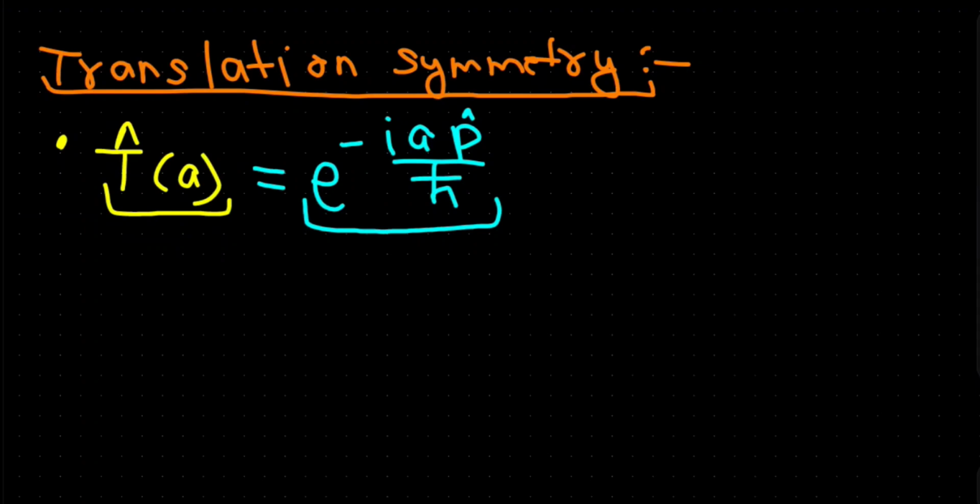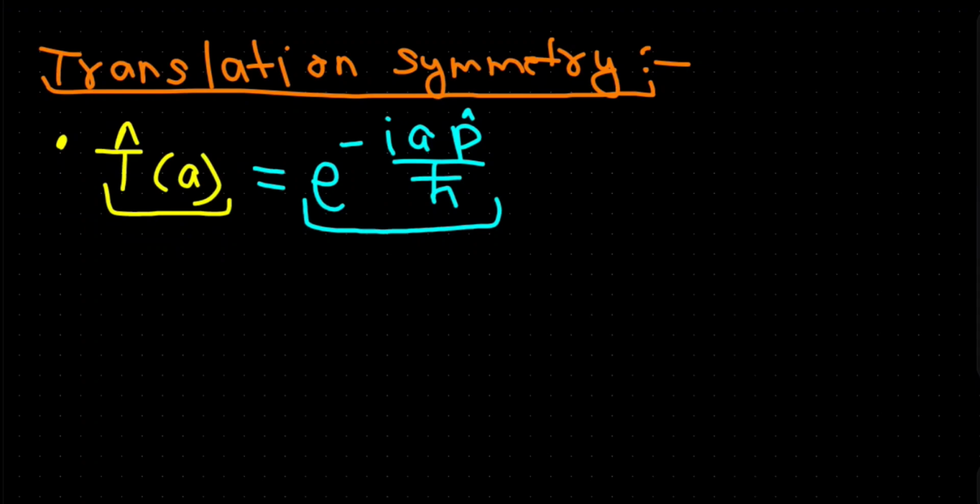Now let's discuss what translation symmetry is. This is very important, so you have to see and listen very carefully. The meaning of translation symmetry is that the Hamiltonian remains unchanged.